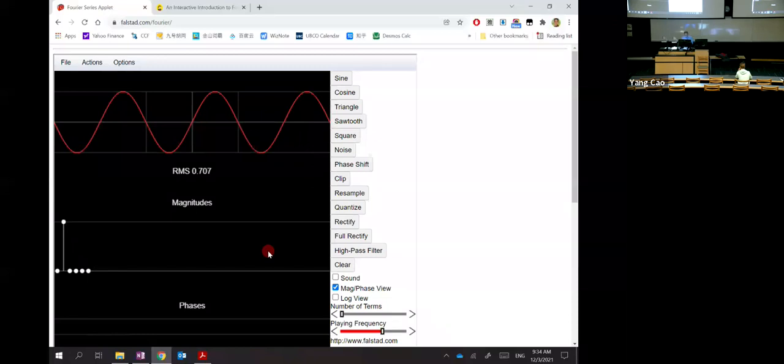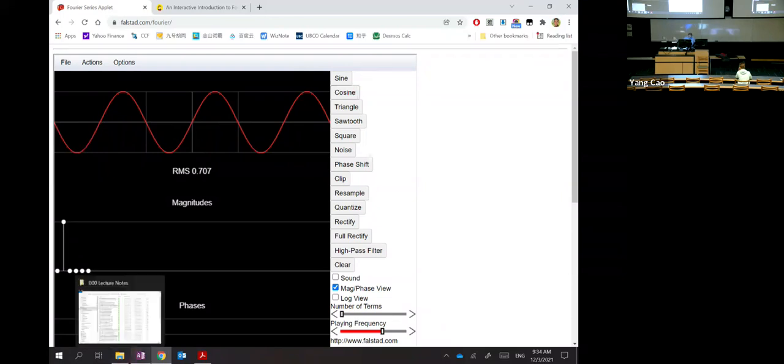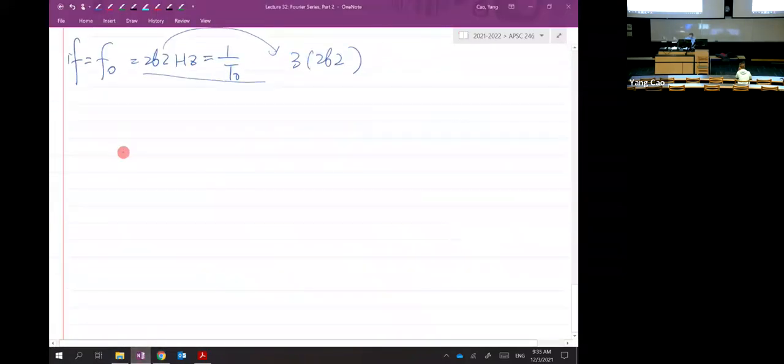So here's actually a good question for you. You look at this sine here, right? Let's say I give you a periodic function, sine pi t. What would be its Fourier series?